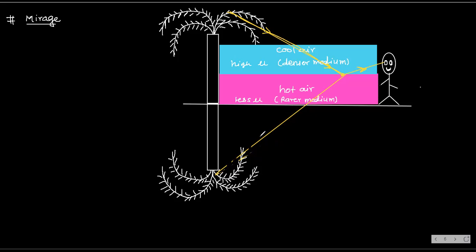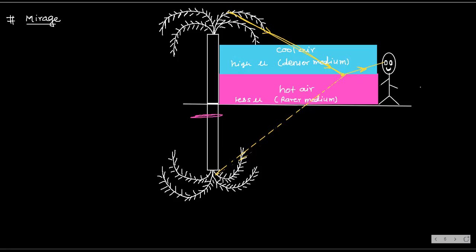This one is appearance only. This is an optical illusion. Keep it in mind. That's why I am indicating with dotted lines. So this light is actually coming like this, but it appears like this.